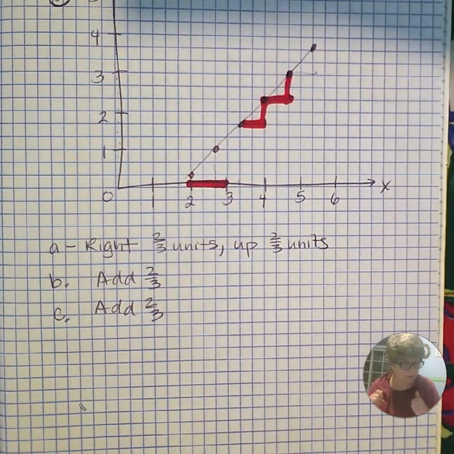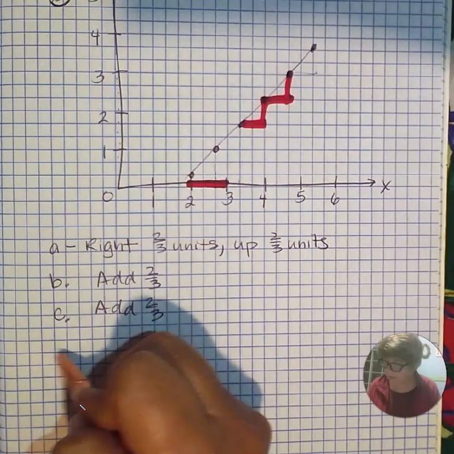Okay, almost done. Use the rules for the coordinates to plot the 3 points. What are the ordered pairs for those 3 points?